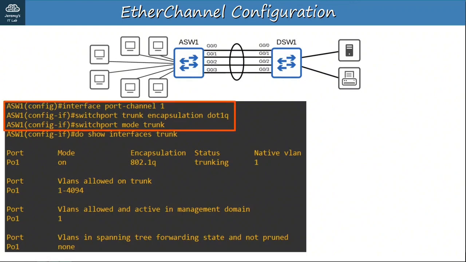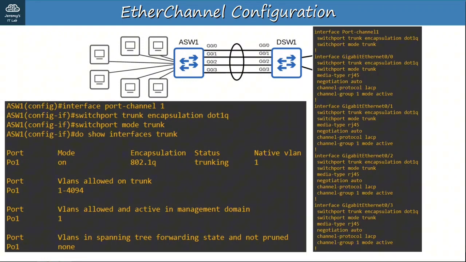I entered interface config mode for the port channel 1 interface, and then configured it as a trunk. Now in the output of show interfaces trunk, you can see port channel 1, listed as PO1, is a trunk. Notice that the individual physical interfaces aren't listed here, only the port channel interface.